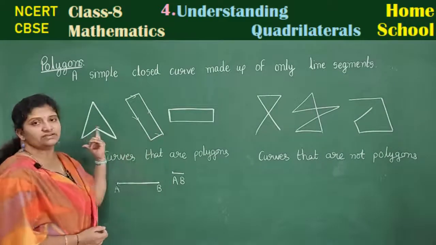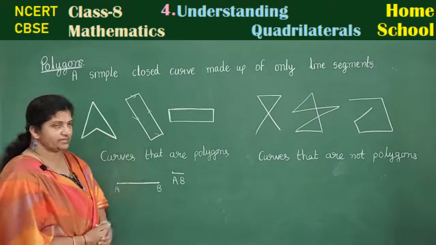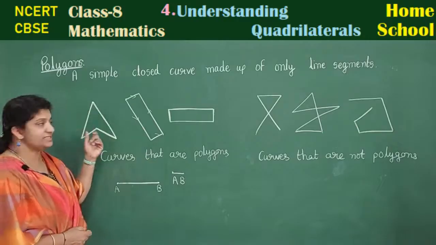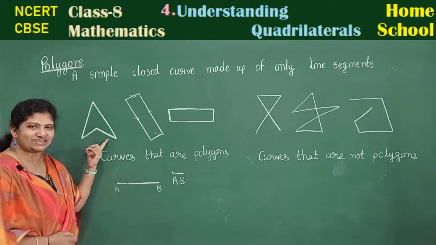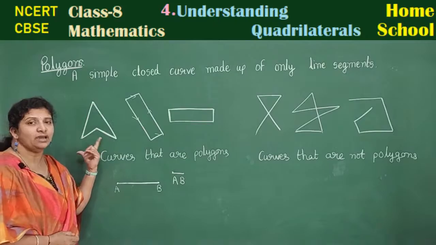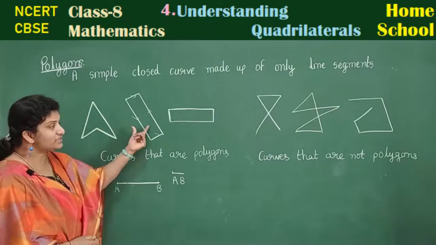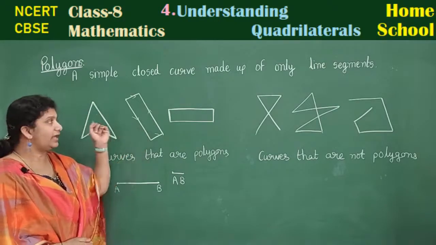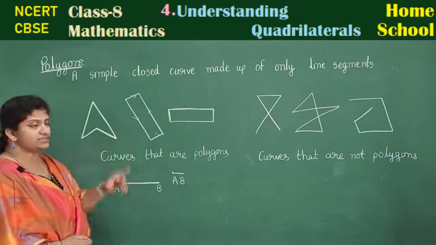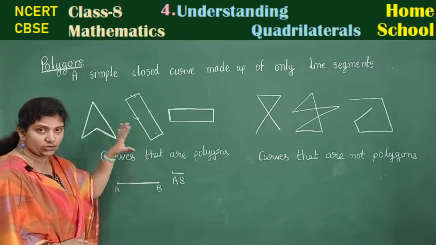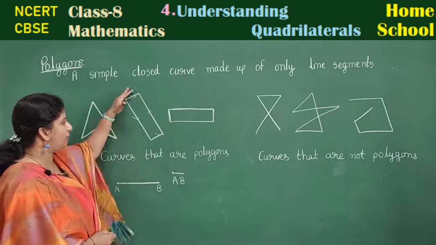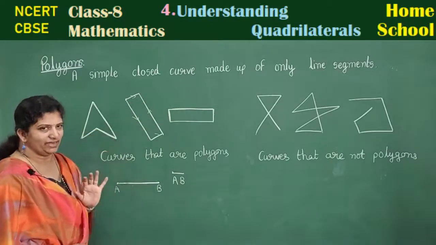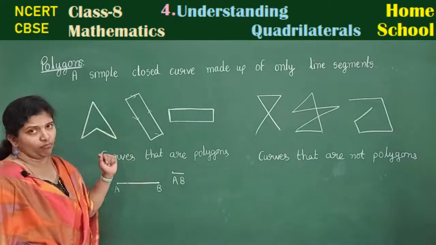What is this? Curves that are polygons. This simple closed curve is made up of only line segments, so it is a polygon. And this one also, as I have said, can move in any two directions, and this is also a simple closed curve made up of line segments. It is also a polygon.